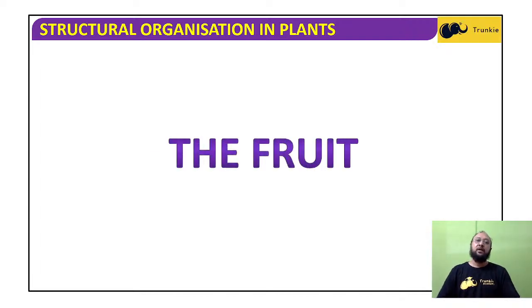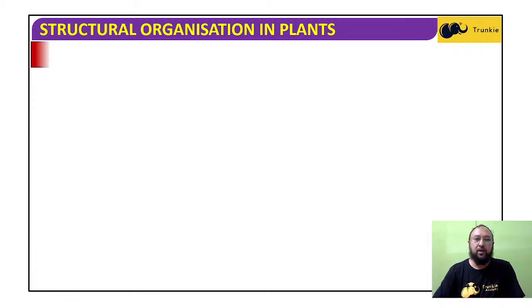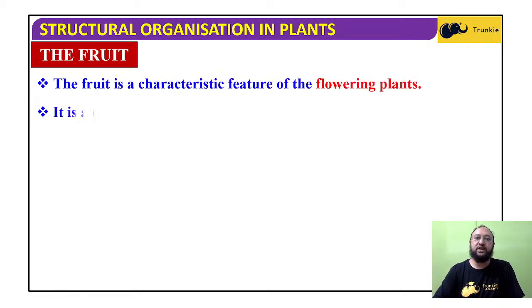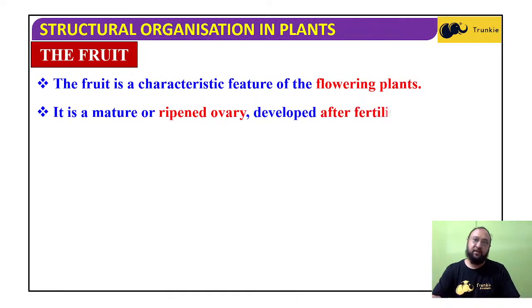As I have already told you, fruit is the result of fertilization. After fertilization, the zygote is formed and the flower changes into fruit. So what is fruit? The fruit is a characteristic feature of flowering plants, because only when there is a flower will there be a fruit.